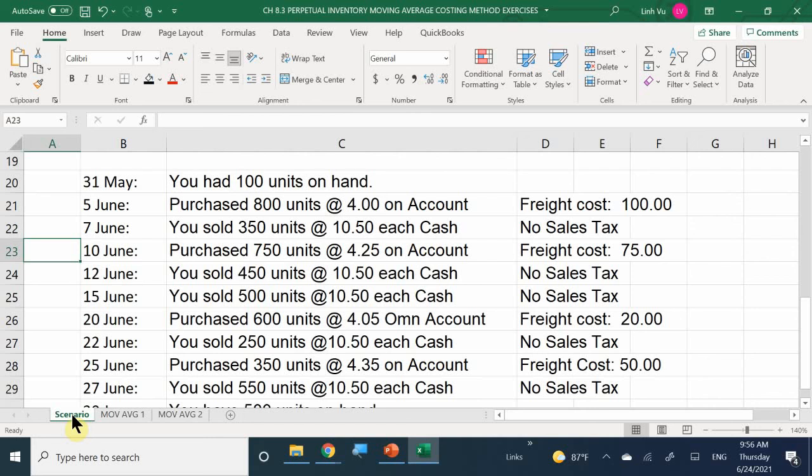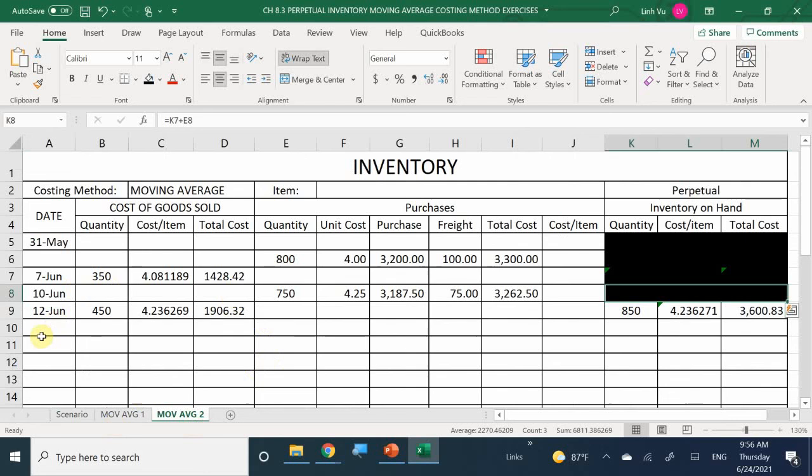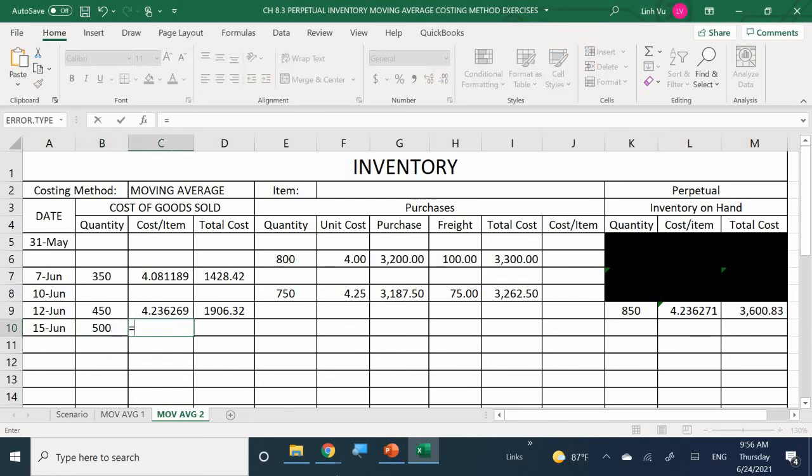You sold another 500 items. We sold another 500 items. Okay. Take a look here. So June 15th, we sold 500 at what cost per item? 4.236271.